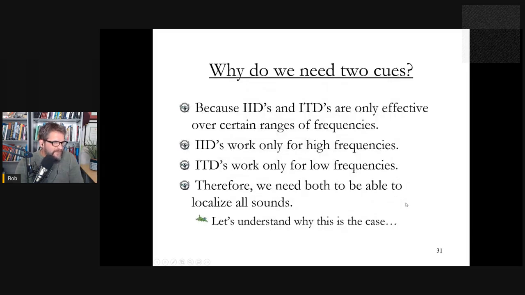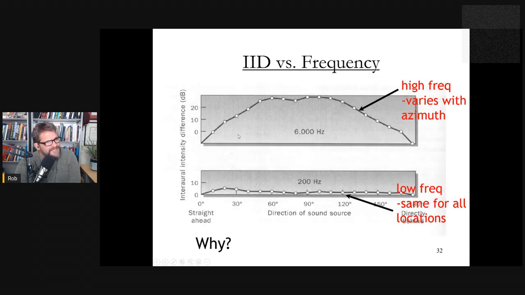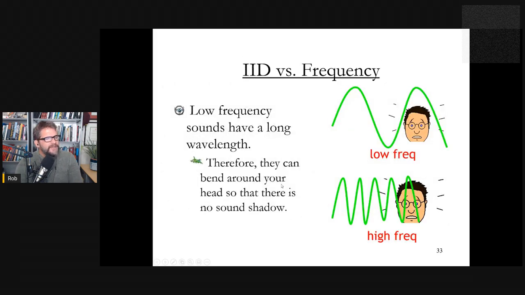But there's a problem, because each of them only works well for certain frequencies of sound, certain pitches of sound. Intensity differences work well for high frequencies. If I get a really low frequency sound, like a bass sound, you can see there's no difference. Why? Because low frequencies can kind of bend around your head, so there's not really much of a sound shadow created.